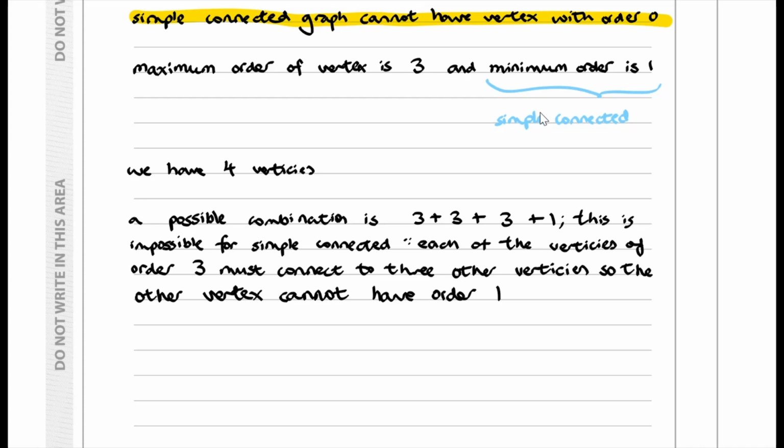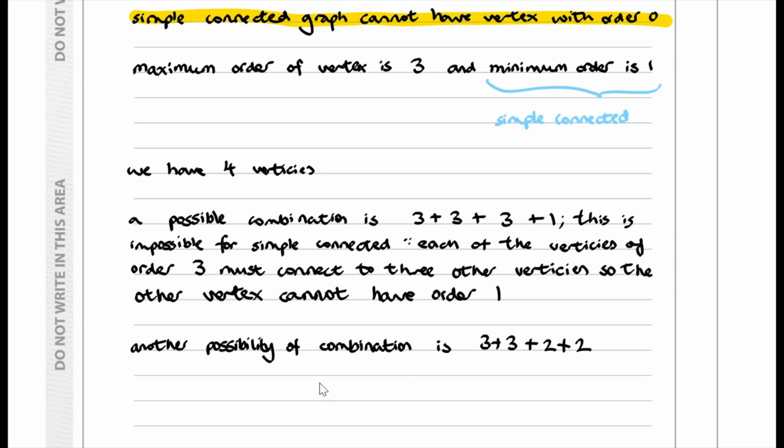Okay, now again, remember, we want the simply connected graph to have a total order of 10. So one other possibility we can have is 3 plus 3 plus 2 plus 2, which is what I tried to draw out before. So let's just write that down. Another possibility of combination is 3 plus 3 plus 2 plus 2.